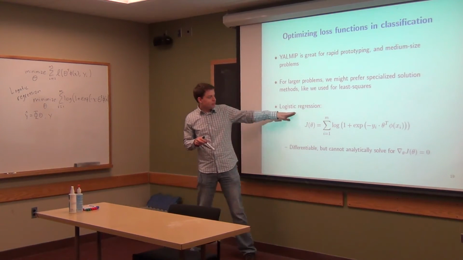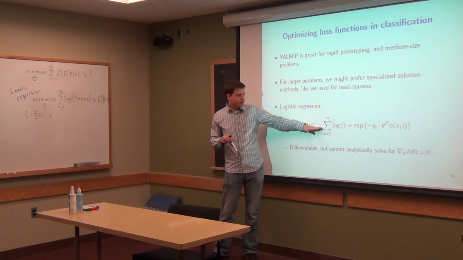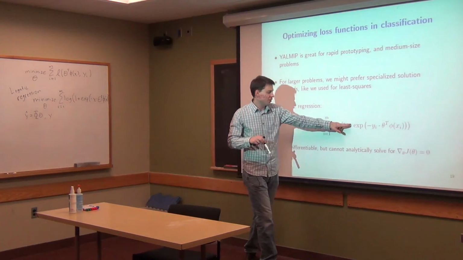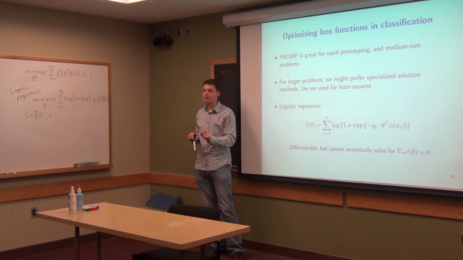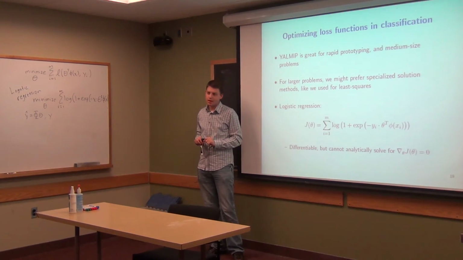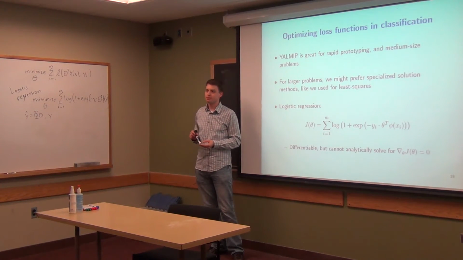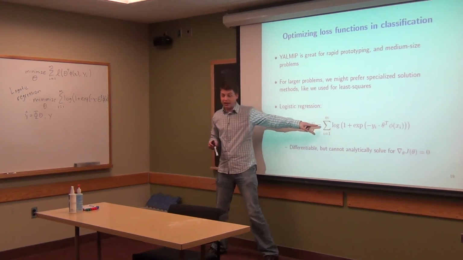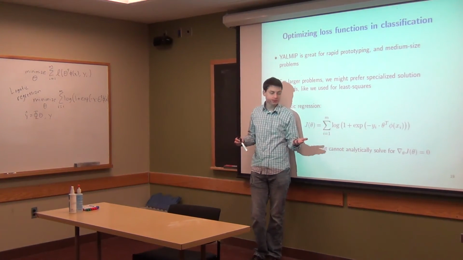Logistic regression is an interesting case, because it turns out this loss function, or this sum over loss functions, is differentiable. So it does have a gradient everywhere. It just so happens that we can't solve for it analytically. You can write this gradient out, and you get some expression, some function of your thetas and other parameters.